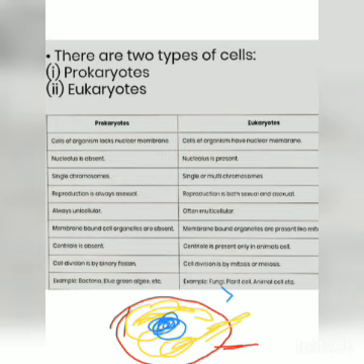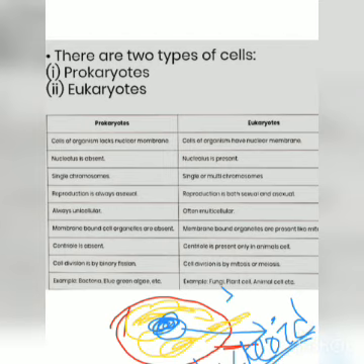There is no particular membrane in between these two, and this structure is called the nucleoid. This structure is called what? Nucleoid. Got it? Okay, take the snapshot for it.